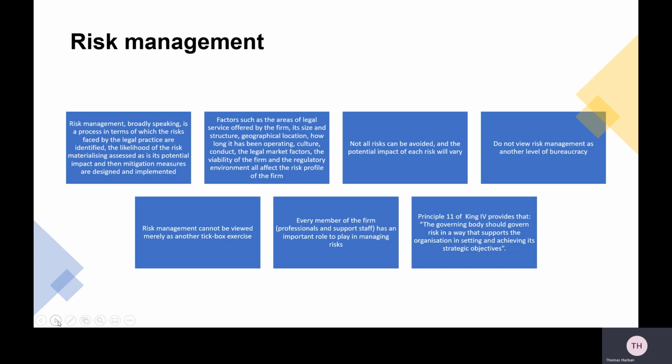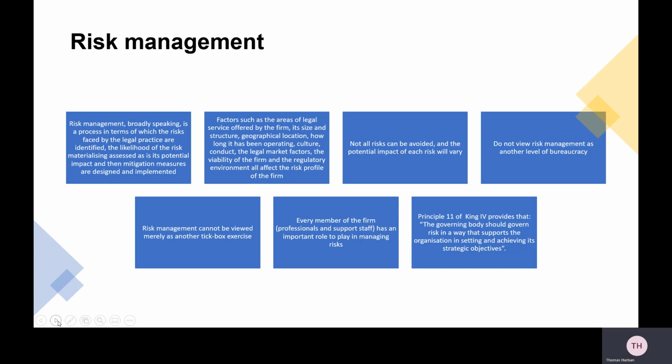Also, your geographical location, how long you have been operating, the culture in your firm, your prior conduct, the effects of the legal services market, the viability of your practice, and the regulatory environment all affect the risk profile of your firm.